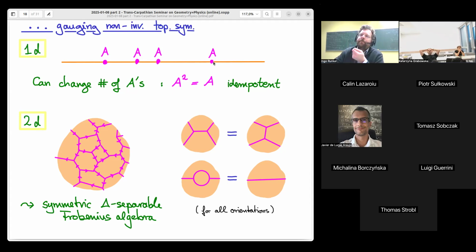But I want the expectation value of such a configuration to be independent, firstly, of where I put these points, whether they are topological, but also of how many points I've actually put. And so I must be able to combine 2 points together to just give me one new point. And so I need an identity like this: A squared has to be A. So in one dimension, my condition on my defect is that the corresponding operator is an idempotent. And then what the gauging does is it just projects to the image of that idempotent.